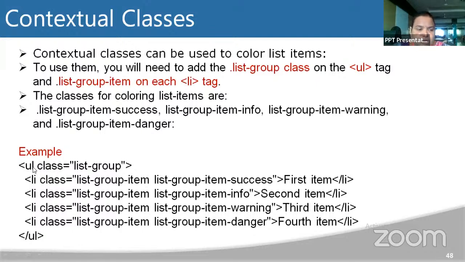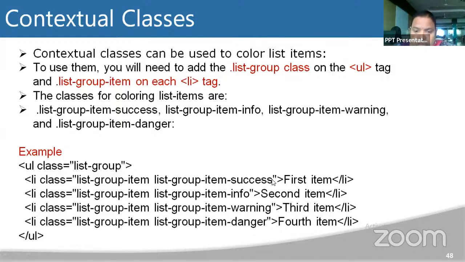The ul with class list-group, and li with class list-group-item. This is the basic list representation up to now, but here I am using different color representations. list-group-item-success is one color representation.